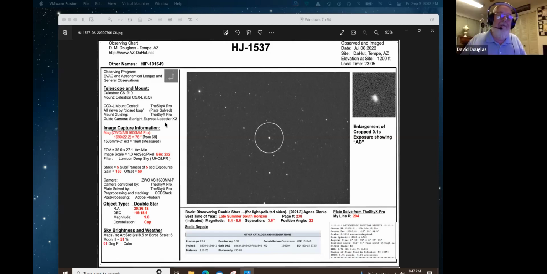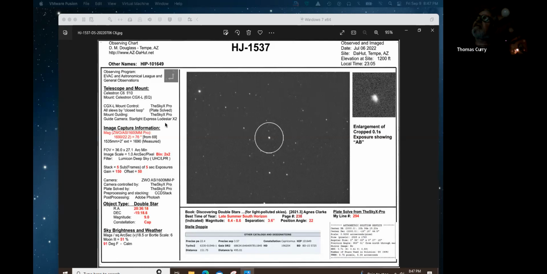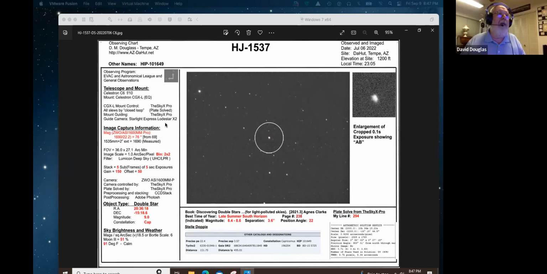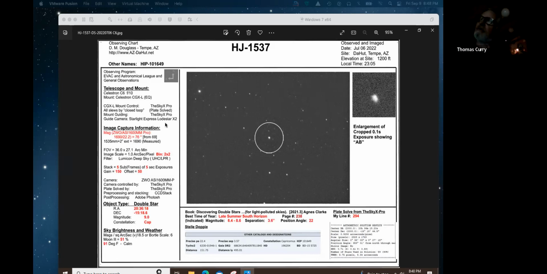People that see it visually are usually using averted vision. When you're looking at it with a camera, that much light coming in just saturates the sensor. So with a bright star like Sirius or any of the brighter stars, would any particular filter help?